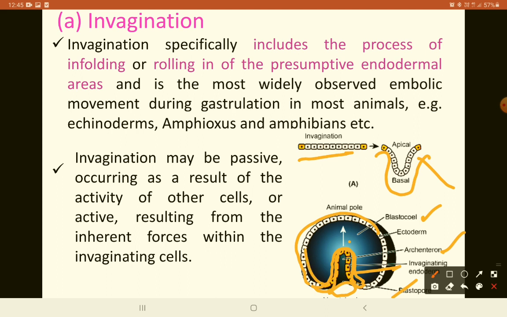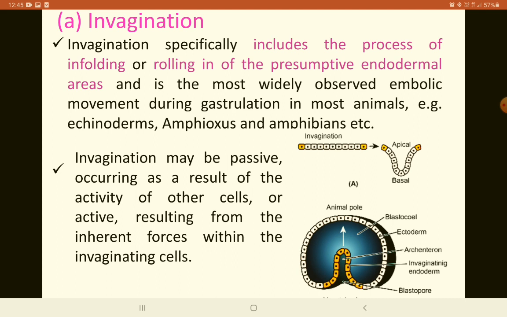The size of the blastocoel becomes reduced because a new cavity, the archenteron, is forming. Now this process of invagination may be passive, occurring as a result of the activity of other cells, or it could be an active process resulting from inherent forces within the invaginating cells, so that each blastomere or each cell pulls the other inside.